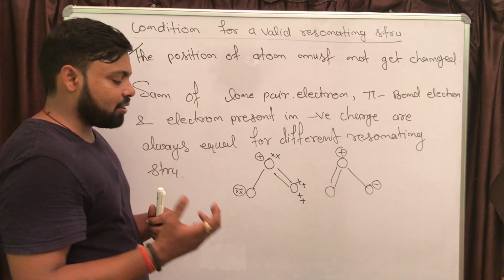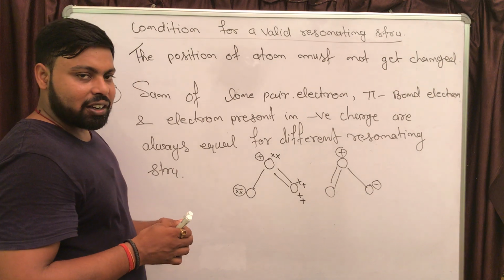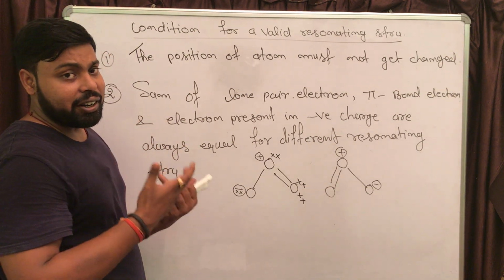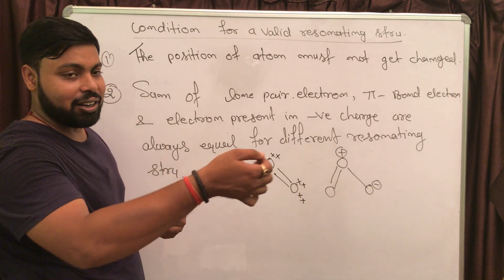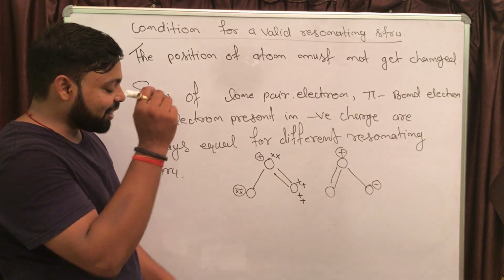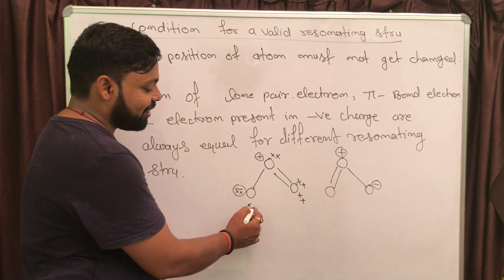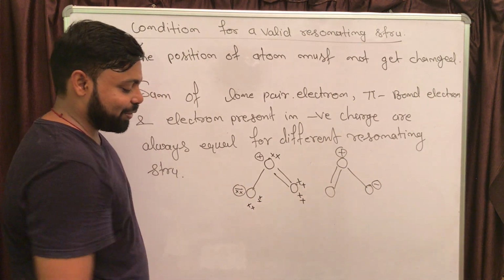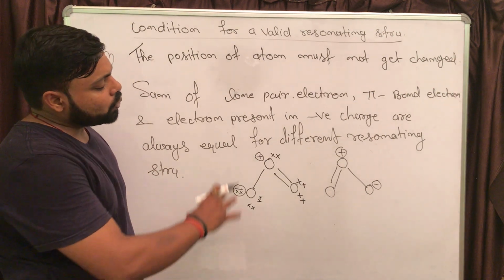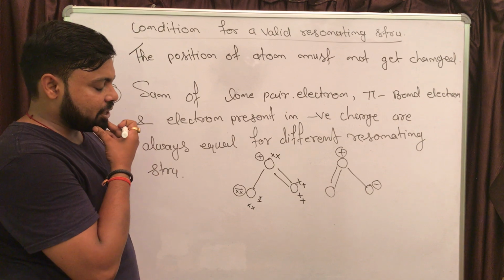Out of that 6 electrons, 1 electron is already shared. You are left with 5 electrons, and 1 negative charge is also there, meaning 1 electron is taken from outside. Now it still has 6 electrons. Out of that 6 electrons, 2 electrons are here in the form of negative charge, and the rest, 4 more electrons, are lone pair. So these are the lone pairs on all the oxygen atoms in structure 1.